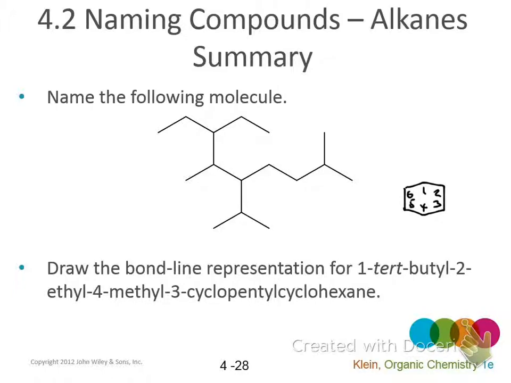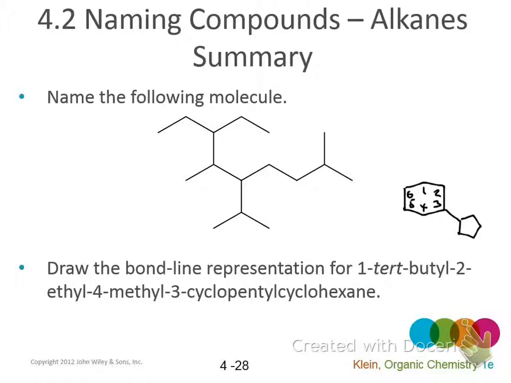And then you just go through and you place all the substituents. So cyclopentyl, and you notice the cyclo isn't alphabetized. So where would I stick that? On the 3 carbon, right? So I go to the 3 carbon, and then I have to draw a 5-membered ring, like that.